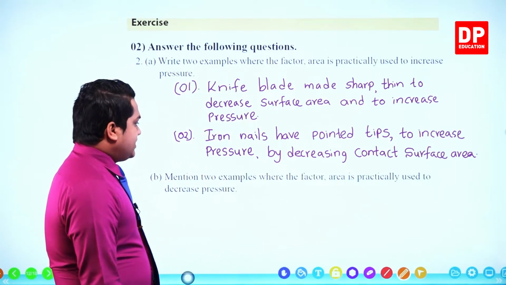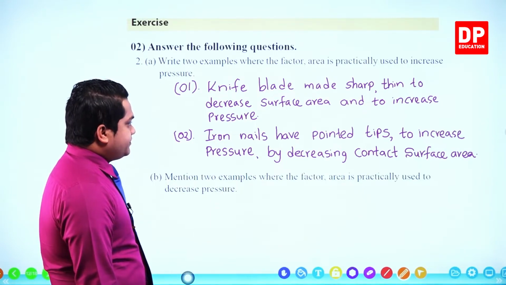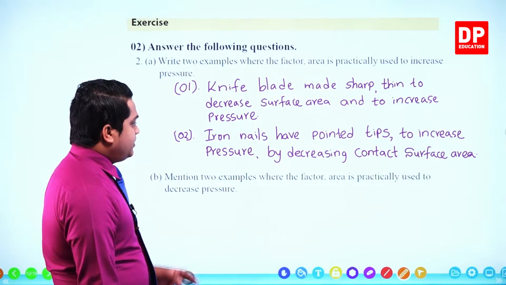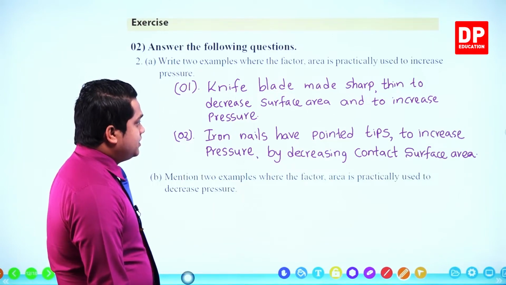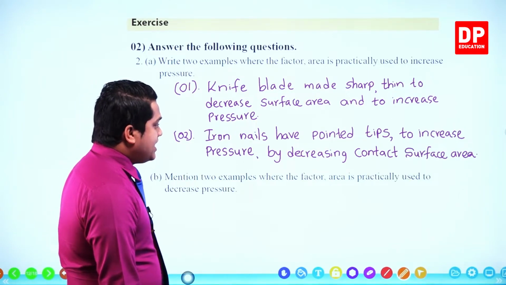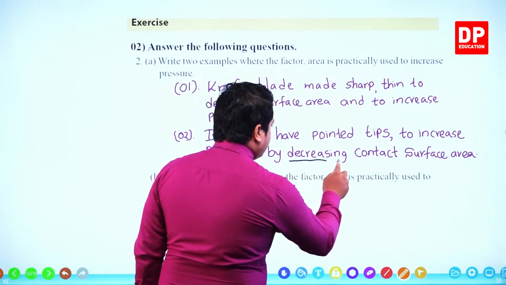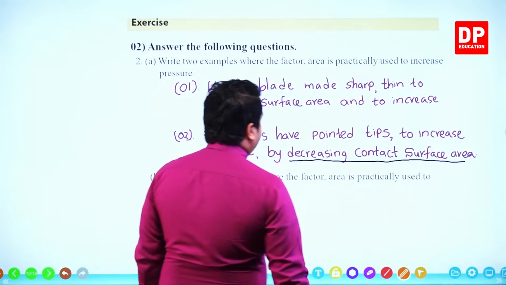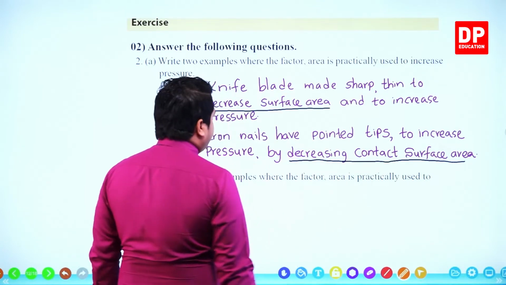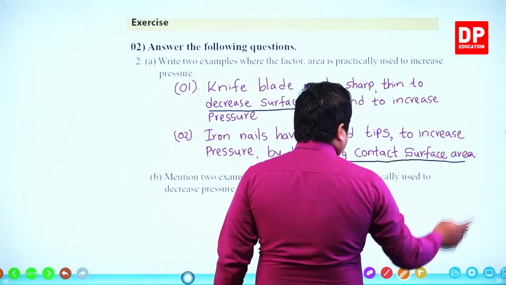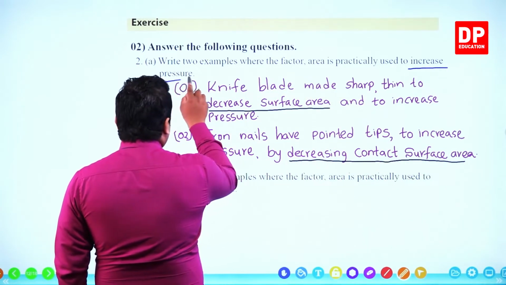Next one, mention 2 examples where the factor area is practically used to decrease pressure. Now in the earlier case we wanted to increase pressure, no? So in that case we decreased the contact surface area in order to increase the pressure.